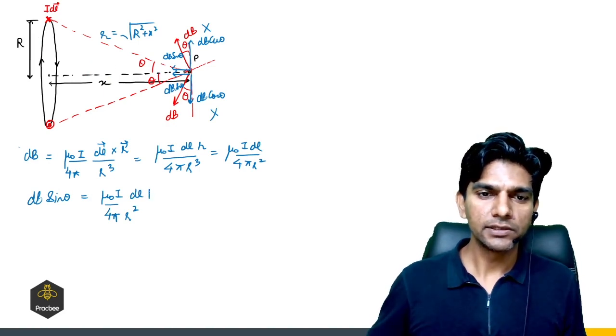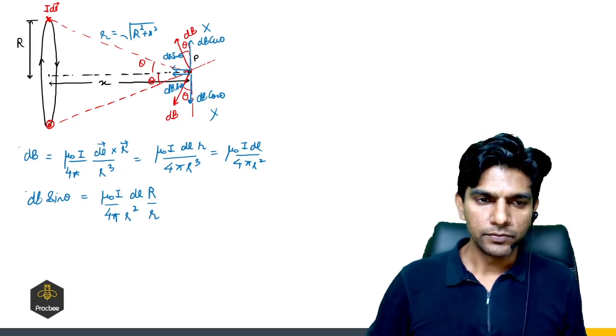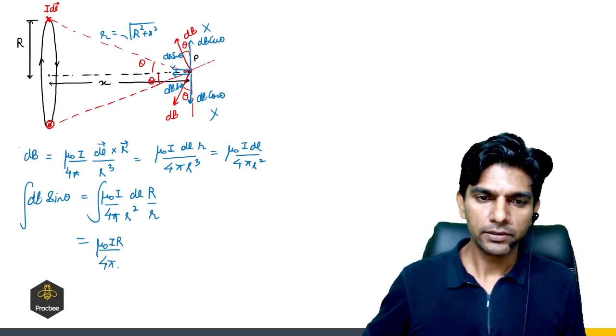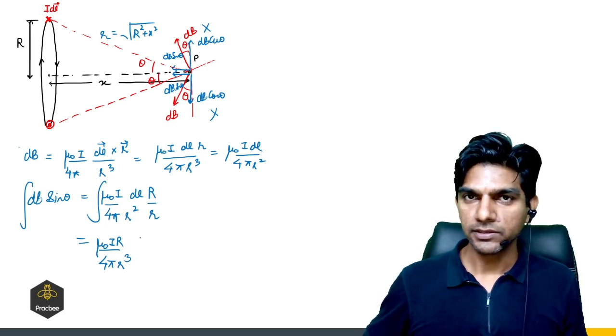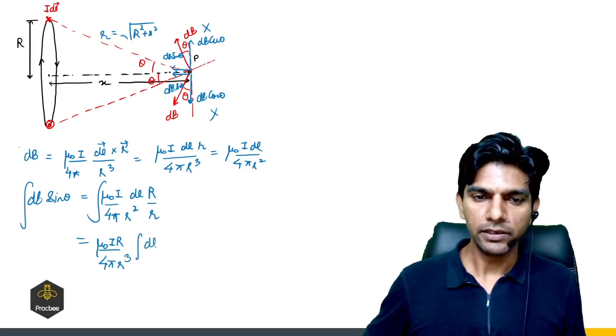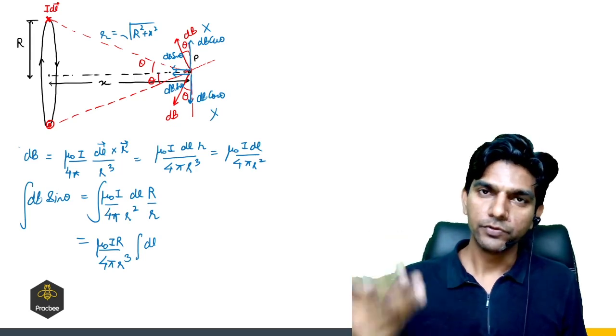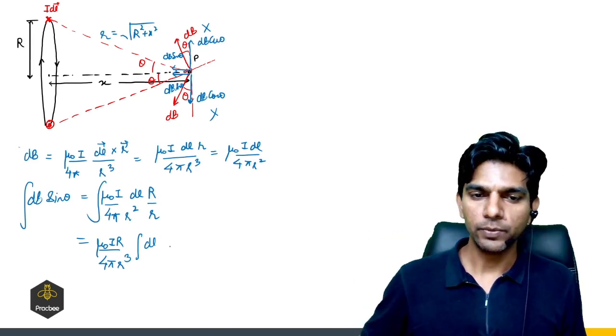So perpendicular is R and hypotenuse is nothing but small r. And now we have to integrate this. So mu naught I R upon 4 pi small r cube will come out because it is constant, and then we have integral dl. Now what is integral dl? It is nothing but the total length of the loop, which is the circumference, that is 2 pi R.